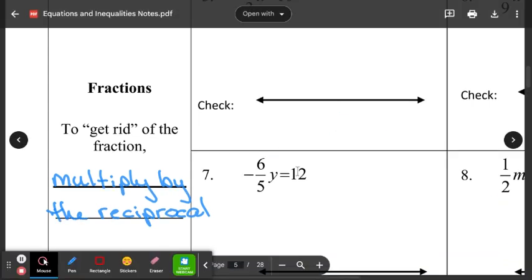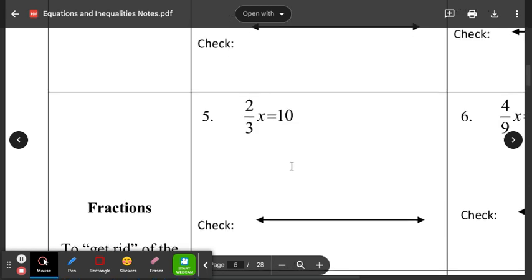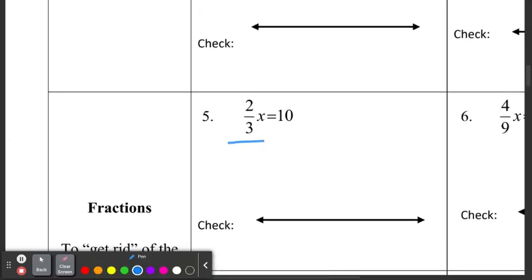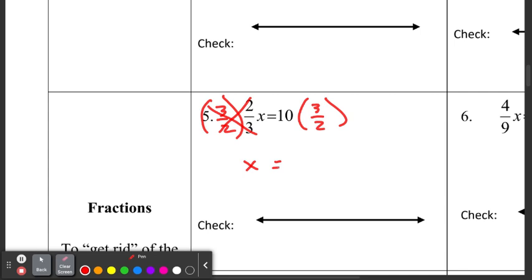Sometimes it just looks a little neater to do. It works though. Doesn't matter. Remember, you can divide by 2/3 on both sides, or you can multiply by the reciprocal. So instead of 2/3, it's 3/2. What happens is those cancel out, and 10 times 3/2 is 15.